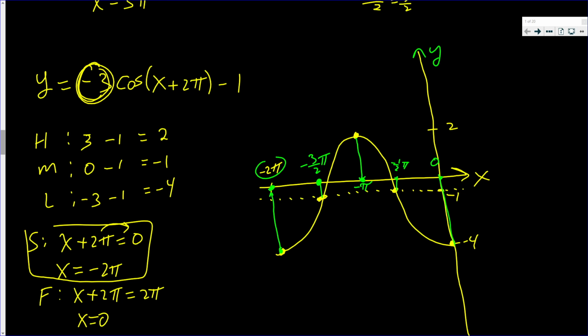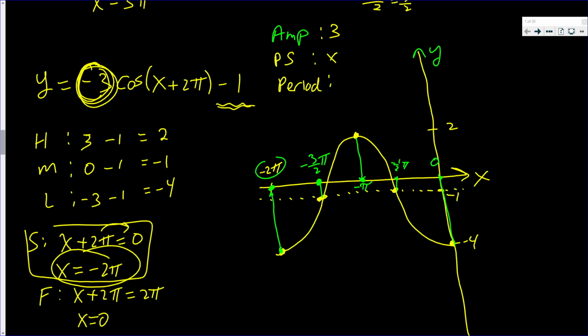That finishes this one. Now, what we haven't been doing in the last couple of problems is finding the amp, the phase shift, and the period. Well, the amp, nothing changes even though we have this -1. The amp is the absolute value of the -3. The phase shift is where it starts. And the period is the finish minus the start.